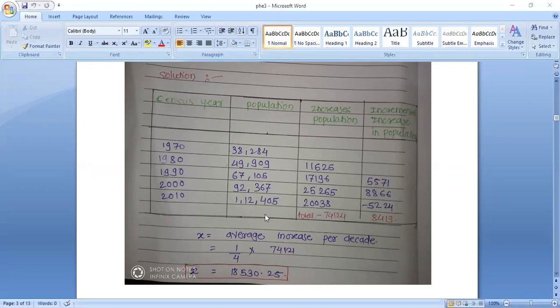It is the increase in population in 2010. Similarly, in 2000, the increase in population is the population of 2000 minus the population of 1990. That is 92,367 minus 67,105, and the value is 25,262.